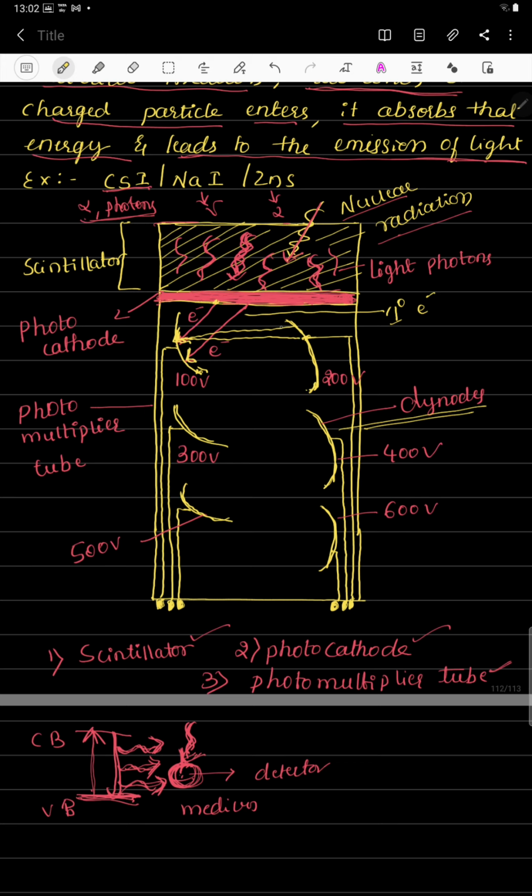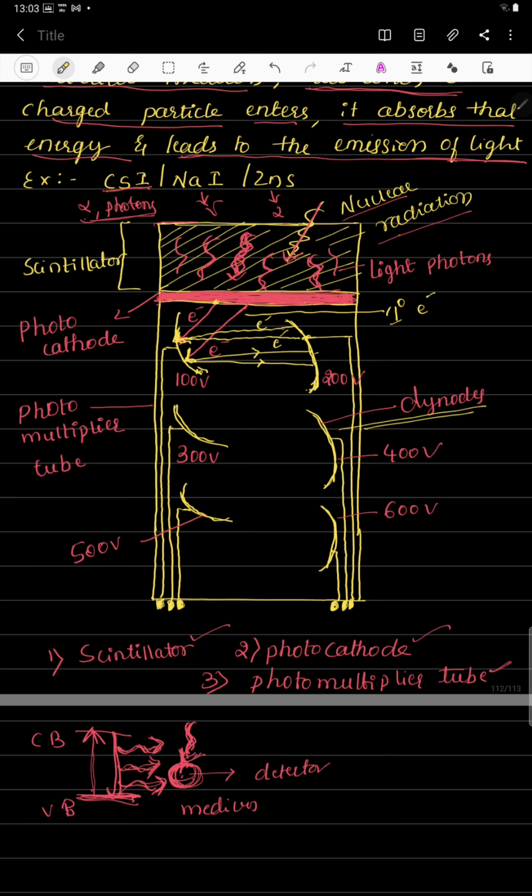These are called secondary electrons. So 2 electrons are obtained, and these are accelerated towards the second dynode, which is at a higher, positive potential.